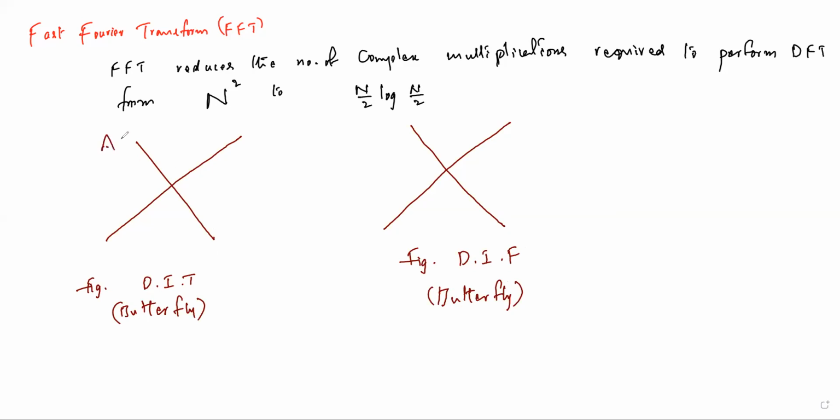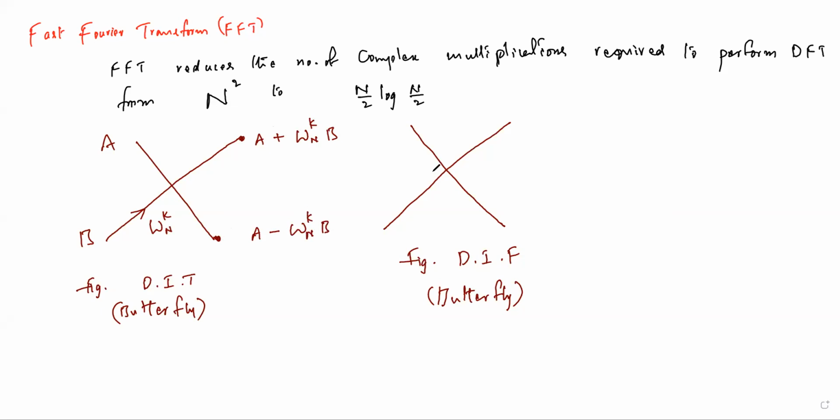If you have 2 points A and B, here there is an arrow mark from B. Here W suffix capital N to the power of K is called the twiddle factor. In terms of this twiddle factor, the outputs of the butterfly are: the upper one is A plus Wn to the power of K B, whereas the lower one is A minus Wn to the power of K B.